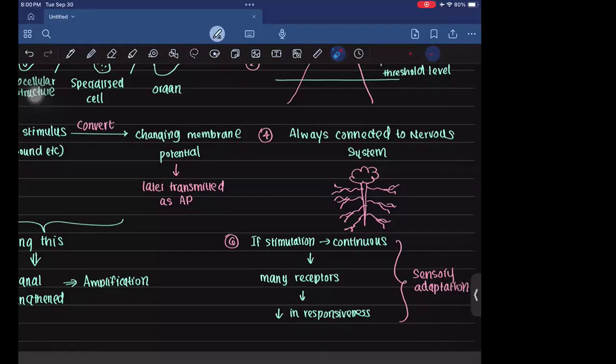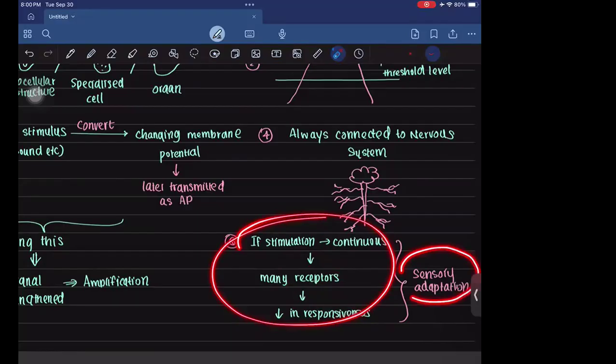Then why aren't you feeling it? The reason is that the stimulation is continuous. The fragrance in your room is a stimulus because it's not something that's usually there. If the stimulus is continuous, many receptors show a decrease in responsiveness. They won't respond to the stimulus anymore. So this process is known as sensory adaptation.